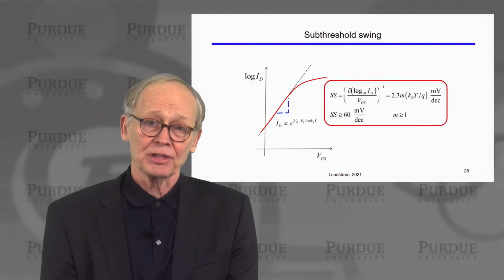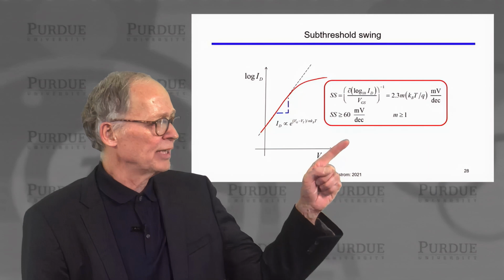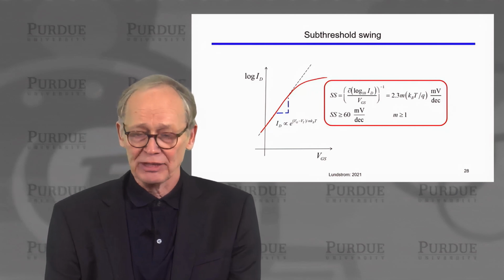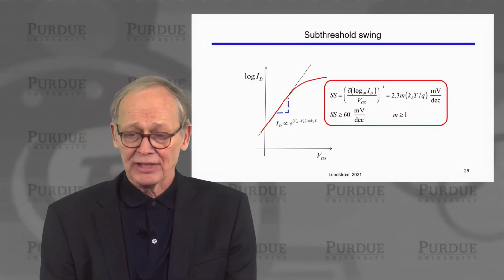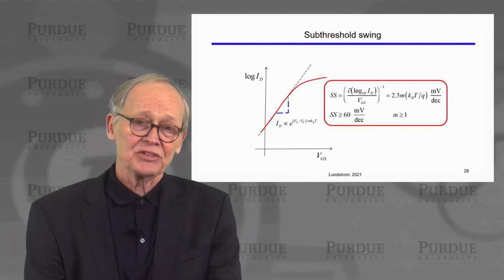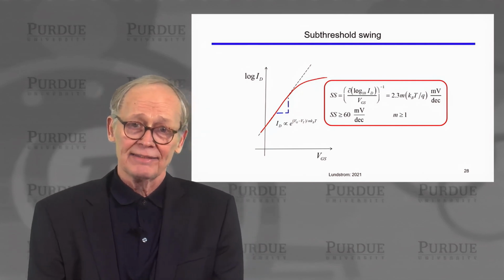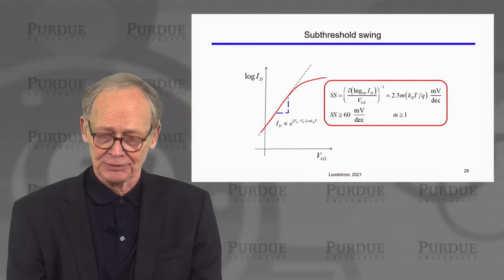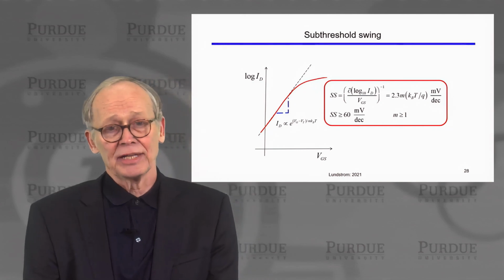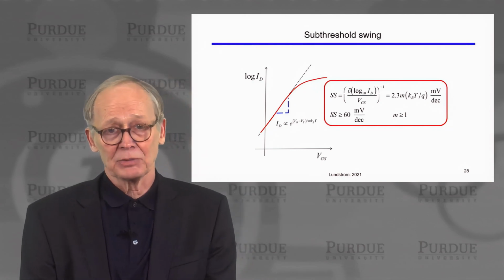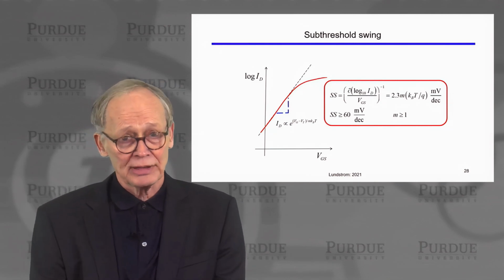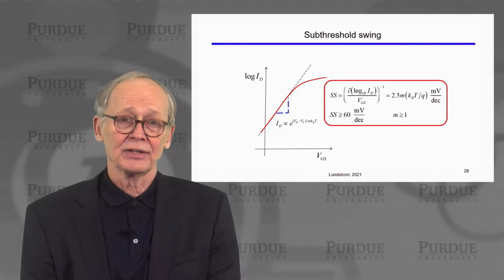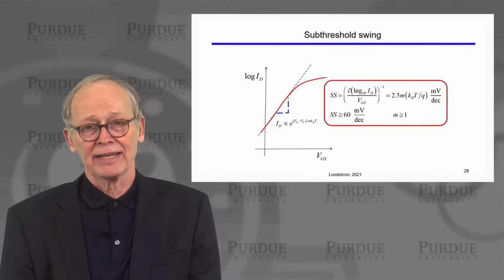That allowed us to deduce the subthreshold swing, and we found that it was 2.3 times this numerical factor m, which is always greater than or equal to 1, times kT over q. If m is 1, that's 60 millivolts per decade. That's a fundamental limit for the way that this barrier-controlled device operates. And the transistor designer tries to make m as close as possible to 1. Two-dimensional electrostatics degrade m. Fully depleted structures help m. The transistor designer does the best job that she or he can do to make m as close to 1 as possible.